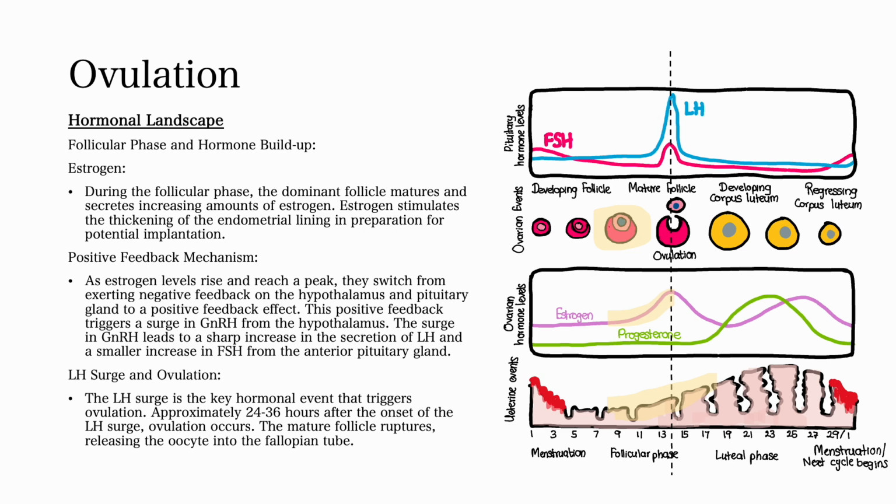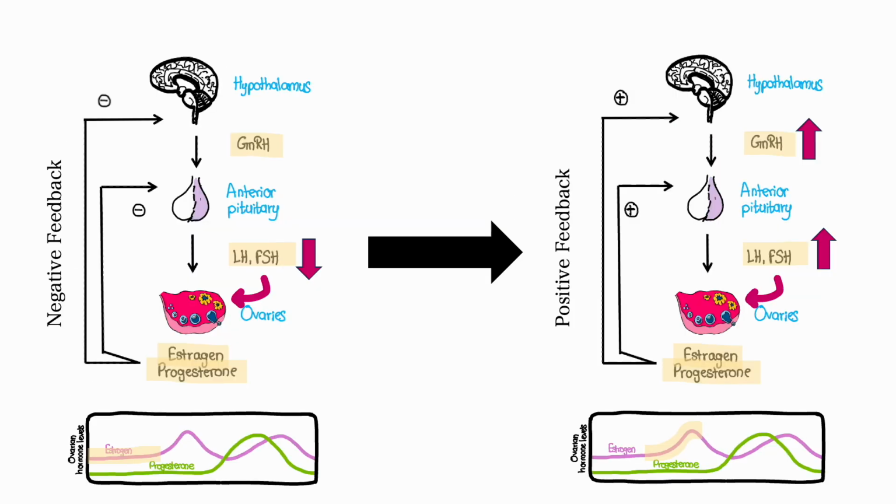During the follicular phase, the dominant follicle matures and secretes increasing amounts of estrogen, as was discussed before. Estrogen stimulates the thickening of the endometrial lining in preparation for potential implantation. As estrogen levels rise and reach a peak, they switch from exerting negative feedback on the hypothalamus and the pituitary gland to a positive feedback effect. This positive feedback triggers a surge in gonadotropin-releasing hormone from the hypothalamus.